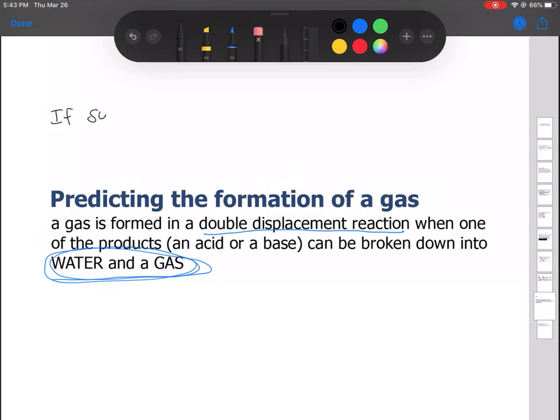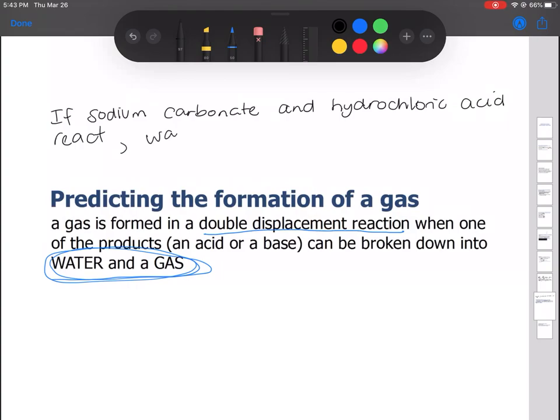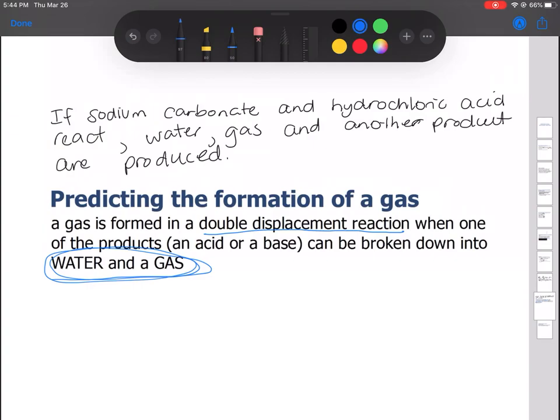So we're going to do: if sodium carbonate and hydrochloric acid react, water, gas, and another product are produced. Okay, so there it is. It's going to say water and a gas.